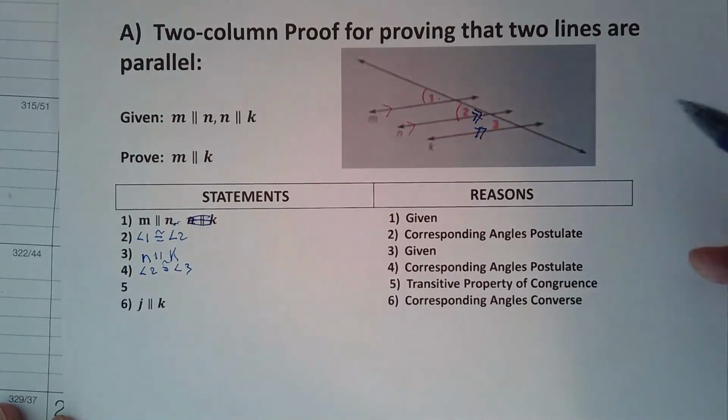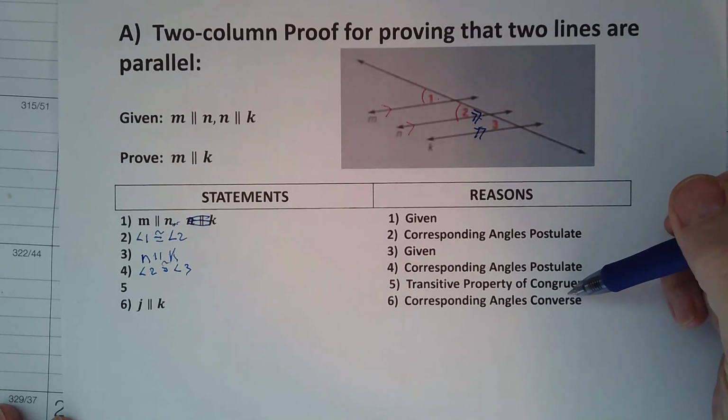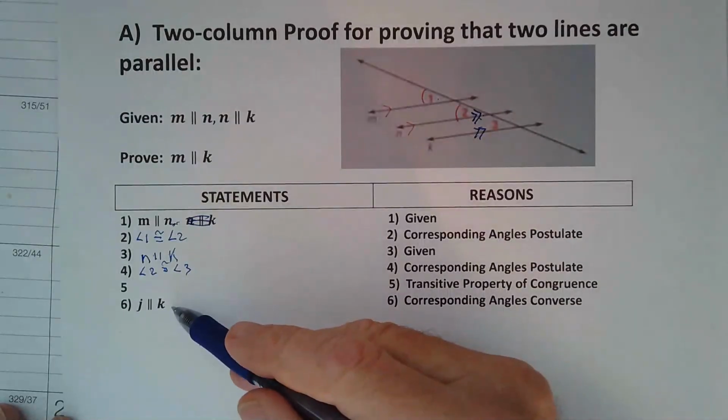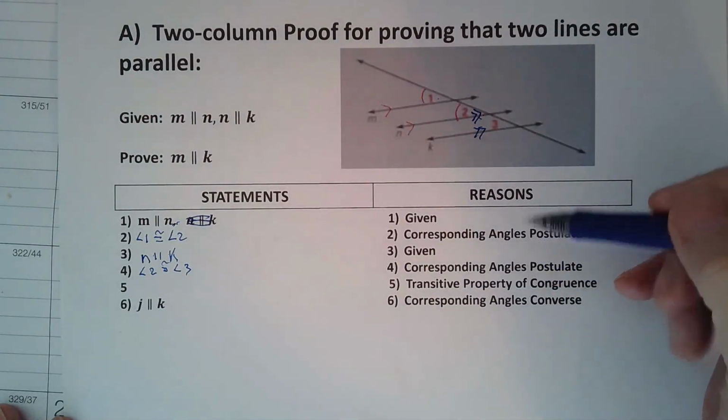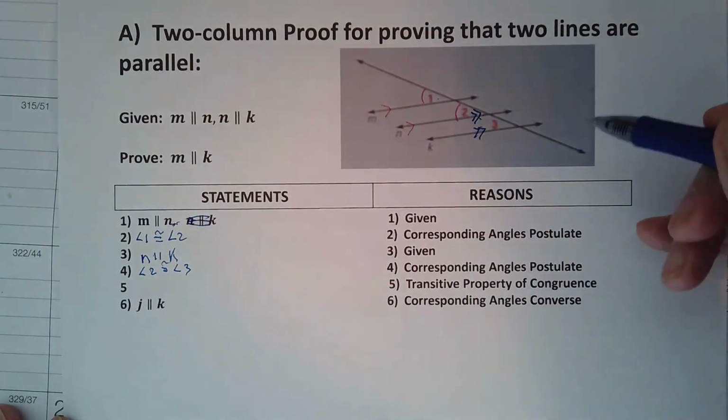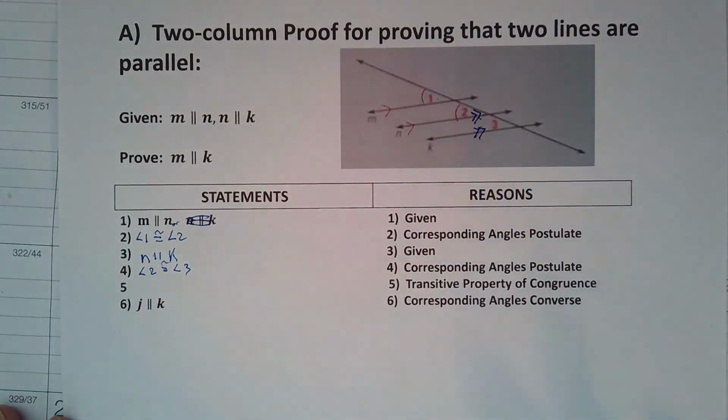Right? All right, now the next reason they tell you before you get to the fact that these are parallel is transitive property. Now what are they talking about, transitive property? So you've got to go back to algebra.